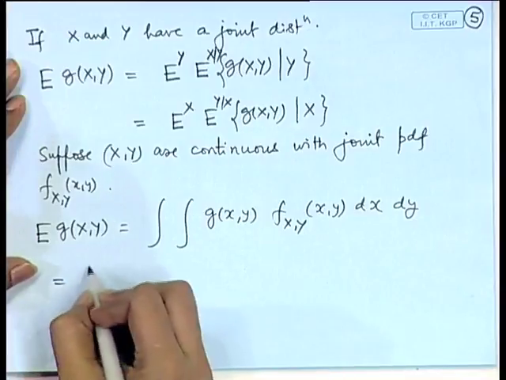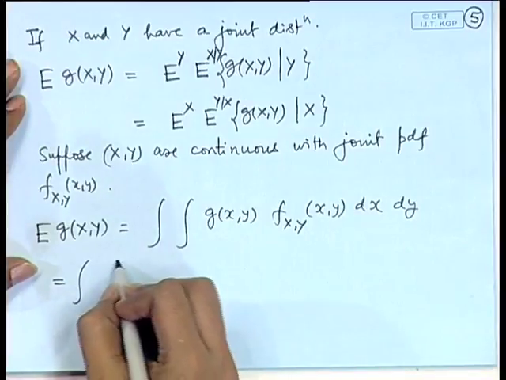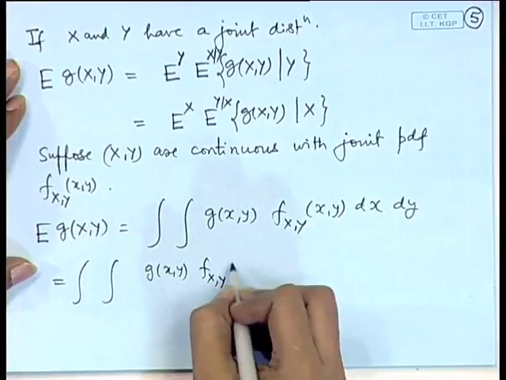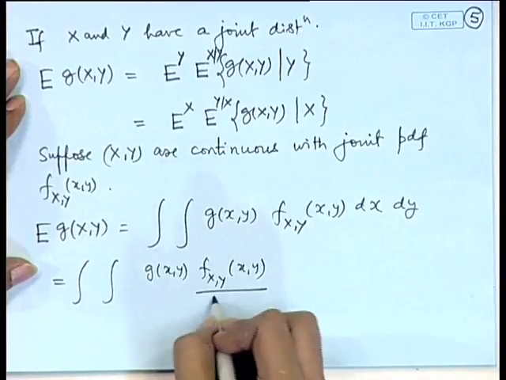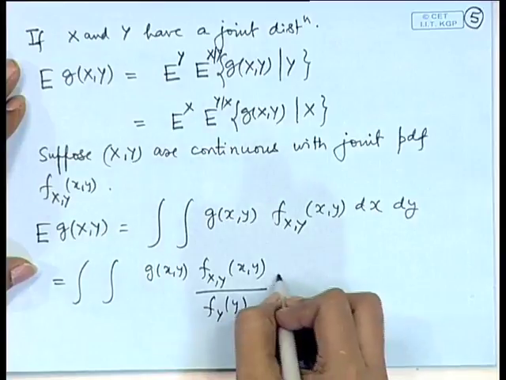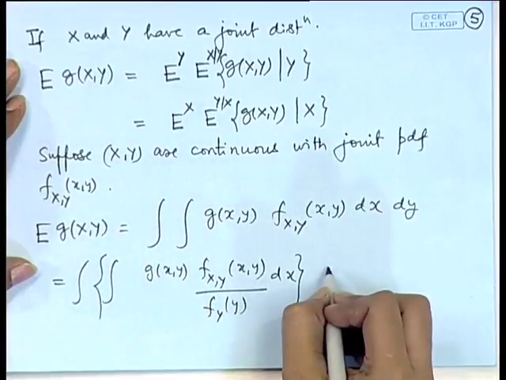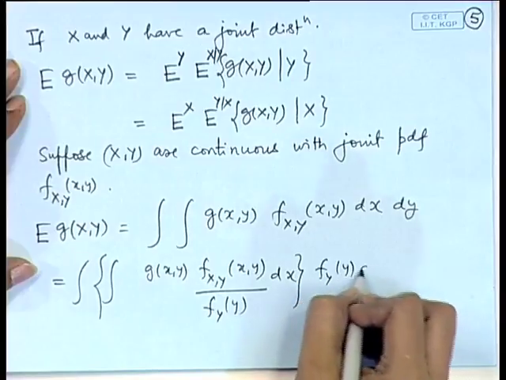Then this we can express as the integral of g x y f x y divided by f y, multiplied by f y dy.